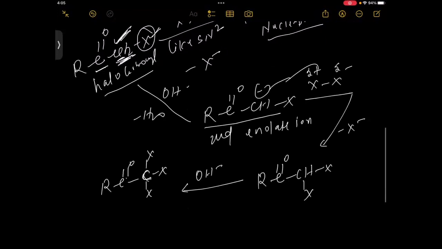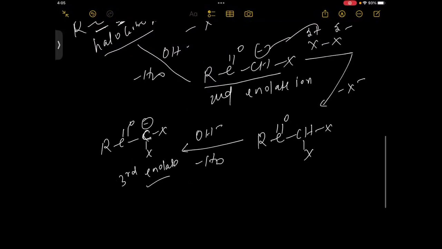This is called the third enolate ion. Generation of the third enolate ion is much easier than the first or second enolate ions.